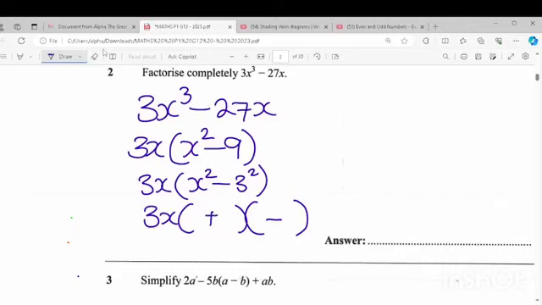The square root of x squared is x, you write it here and also write it here. The square root of 3 squared is just 3, you write it here, you also write it here. So the answer is 3x, x plus 3, x minus 3.